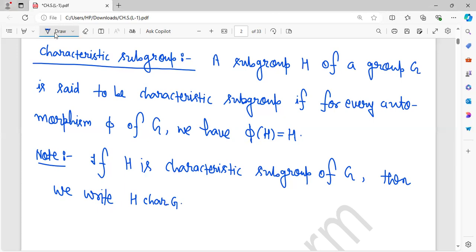So we are going to prove a result, a characterization of characteristic subgroup. What is that?